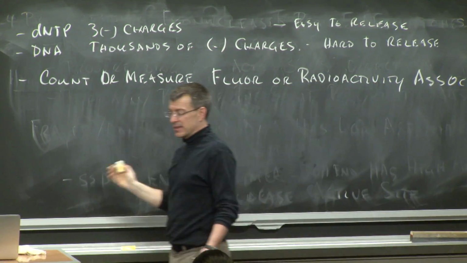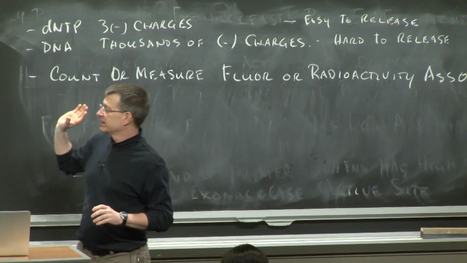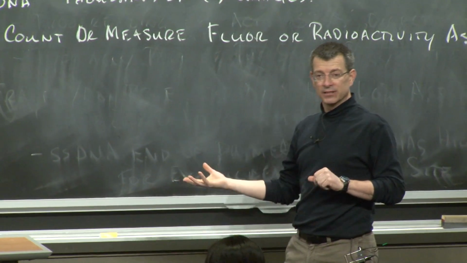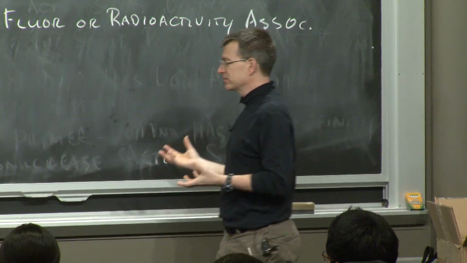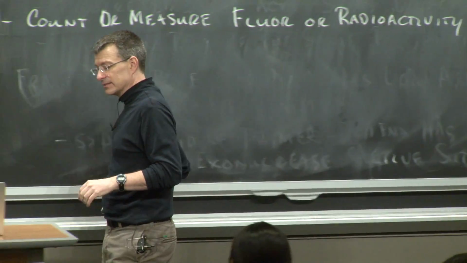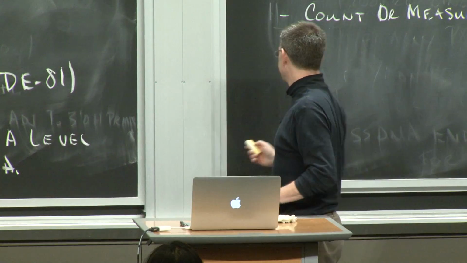And that gives you really down to the femtomole or lower attomole amounts of nucleotide that's been incorporated. And if you have a good understanding of the amount of, for example, radioactivity or fluorescence associated with your starting nucleotides, you can measure to very high precision how many nucleotides have been incorporated into your template.